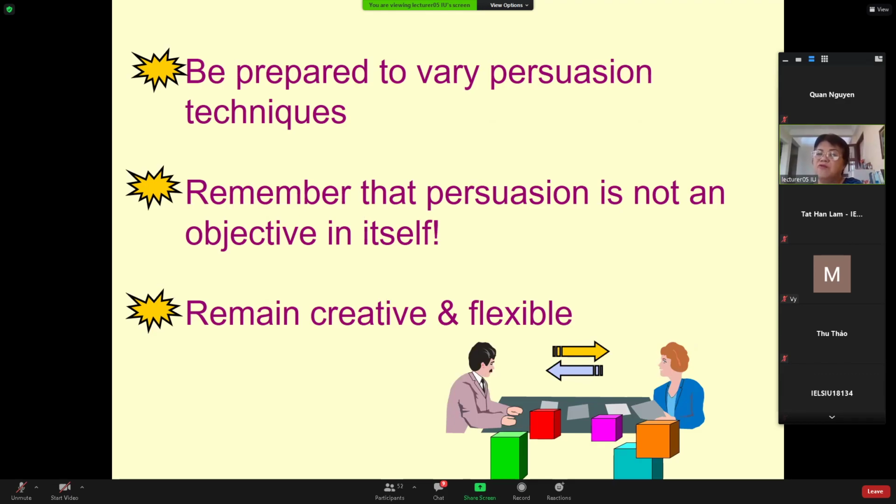Be prepared to vary persuasion techniques, and remember that persuasion technique is not an objective in itself, and remain creative and flexible.